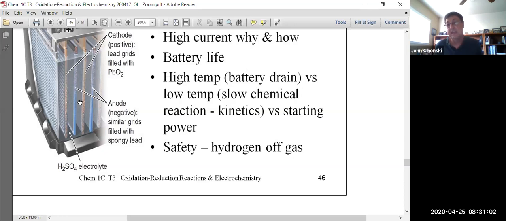If you've ever gone out in the morning and the car just kind of growls a little bit and takes longer to start, it's just not right. Then at noon or in the afternoon after work, it starts right up and you say, oh, not a problem.